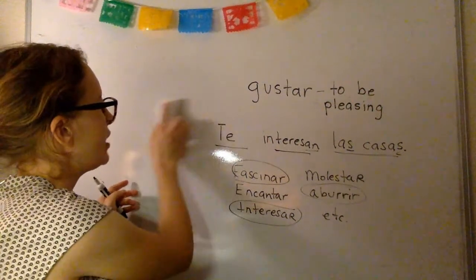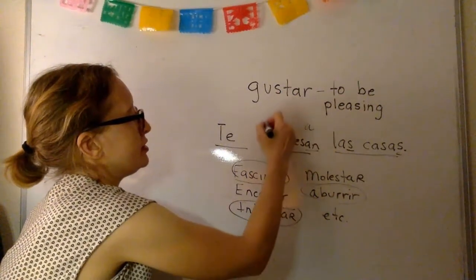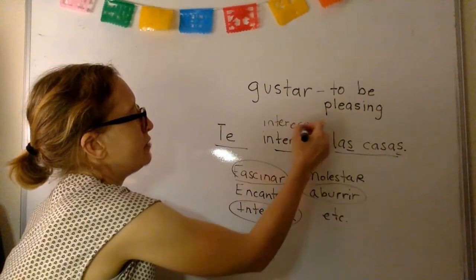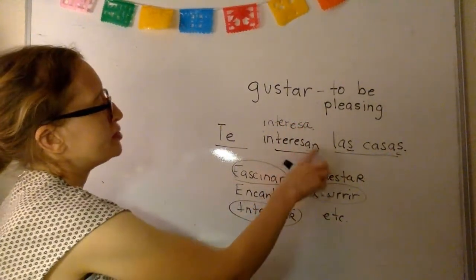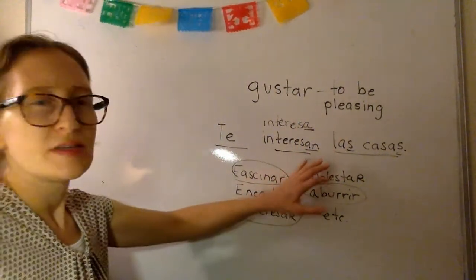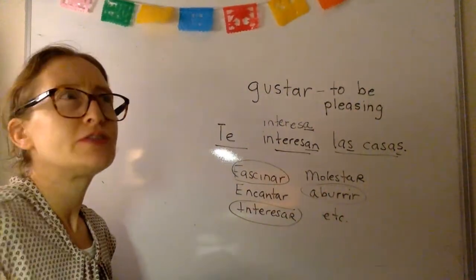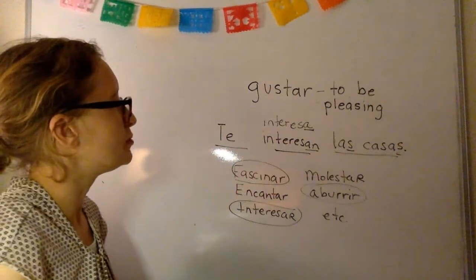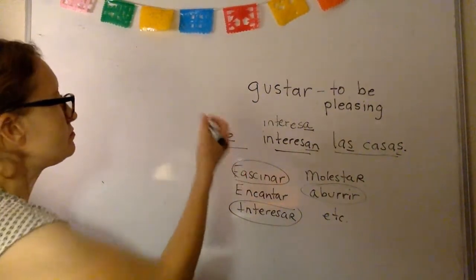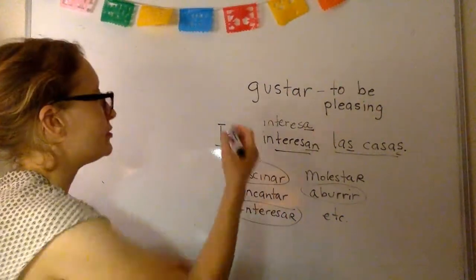Now notice we've had examples of just the third person singular, like interesa. And we've had an example of the third person plural, interesan, and other verbs. These are basically the only forms that you're really going to use the most. Because anything else sounds a little funny, and you probably wouldn't go around saying it.